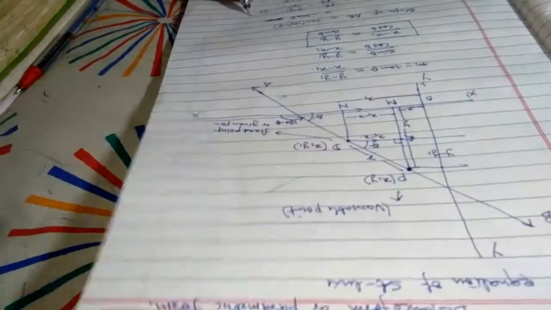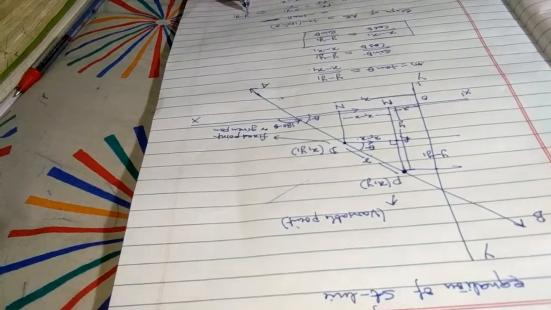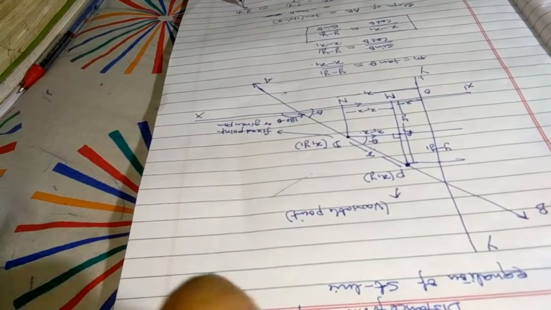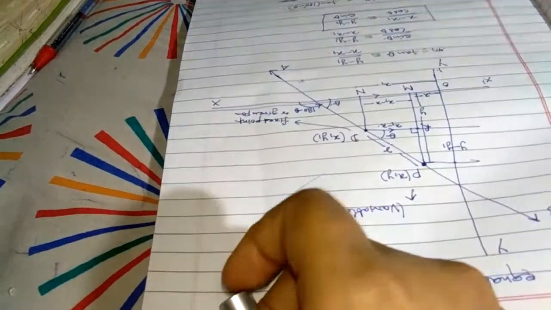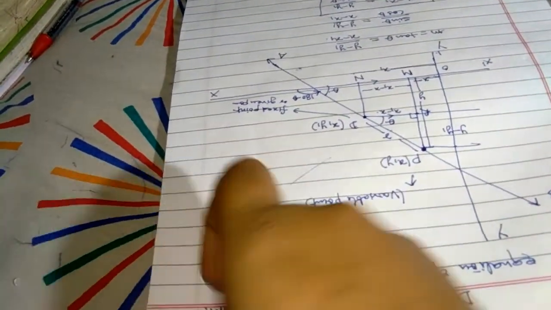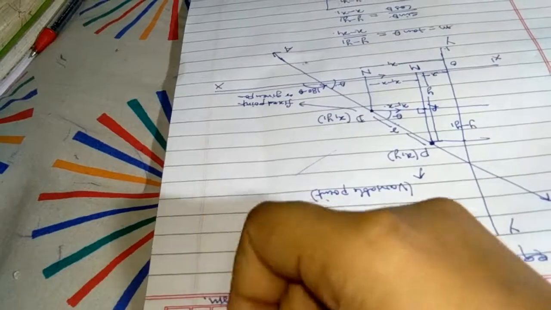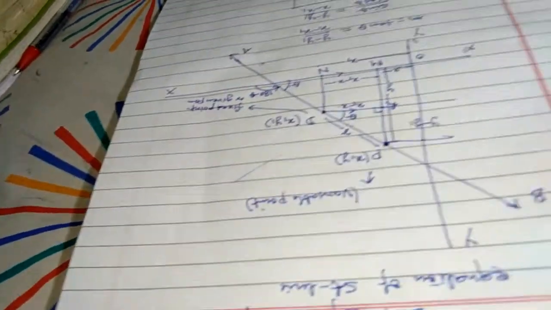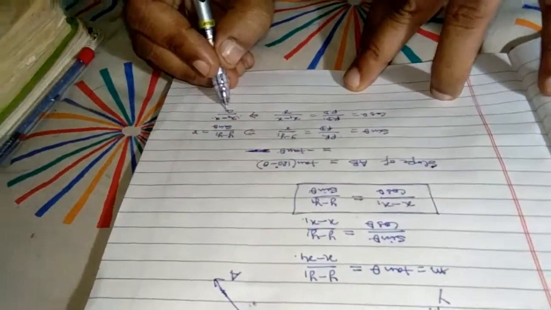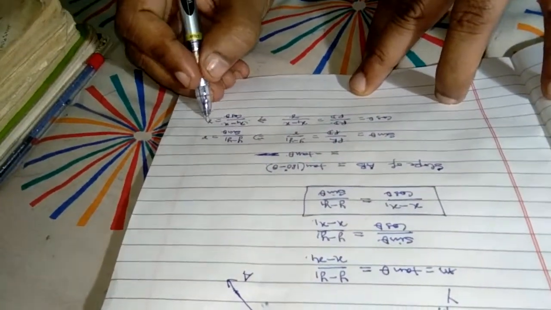So y minus y1 divided by sin theta is equal to r, and x1 minus x divided by cos theta is equal to r.